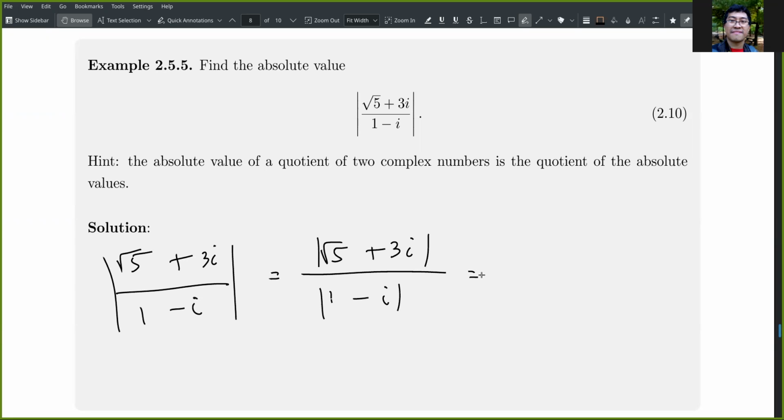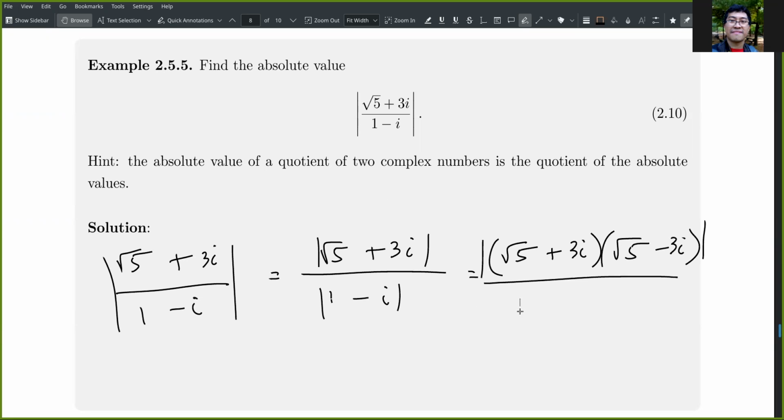Now taking (square root of 5 plus 3i) times (square root of 5 minus 3i), divided by (1 minus i) times (1 plus i).